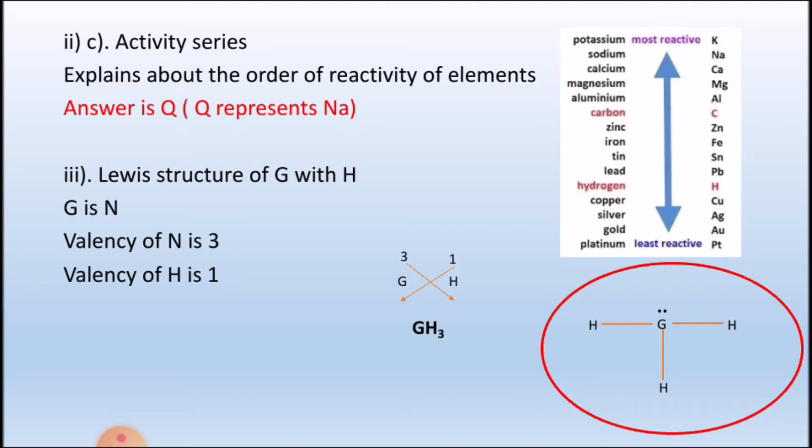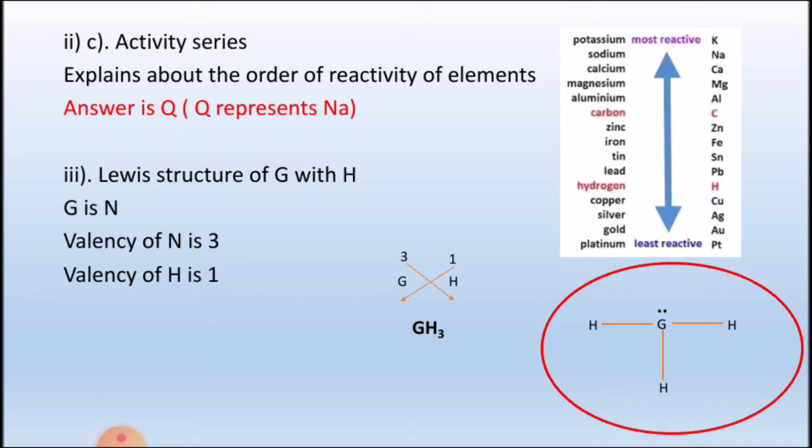The most important thing that you need to remember when you are drawing a Lewis dot diagram is that the central atom should fulfill the octet. That means it should have a complete electronic configuration with its outermost energy level having 8 electrons within it. For bonding it requires 2 electrons for each bond.